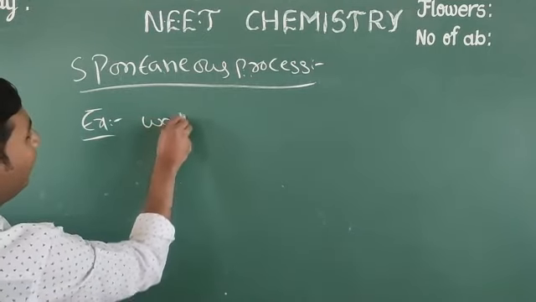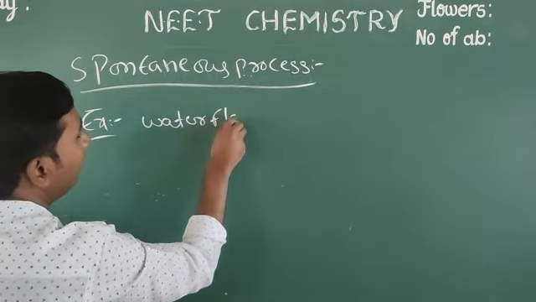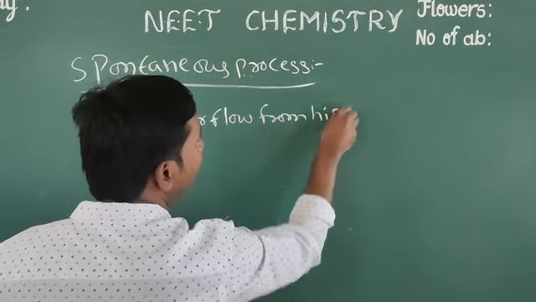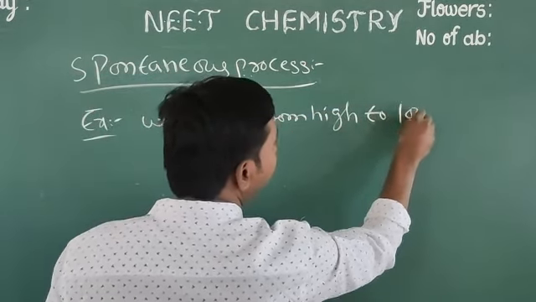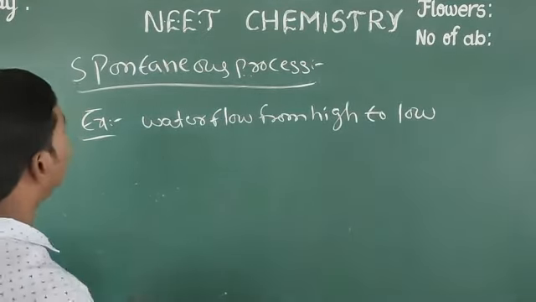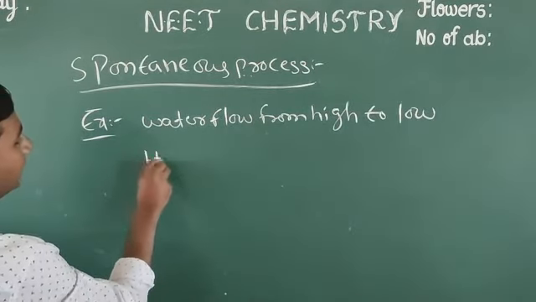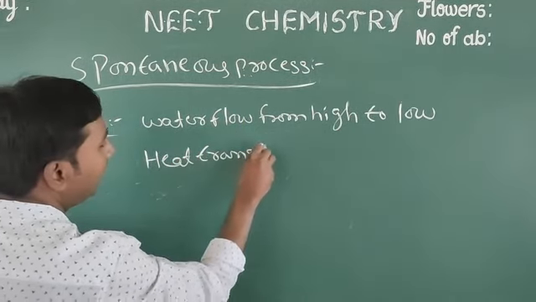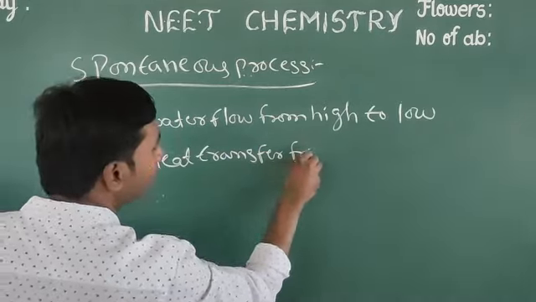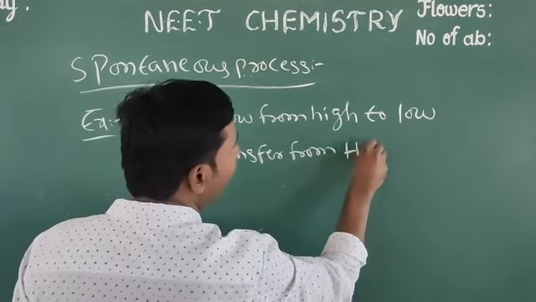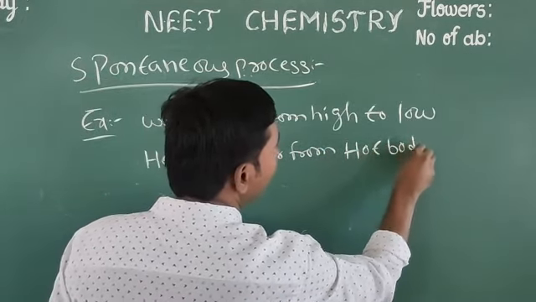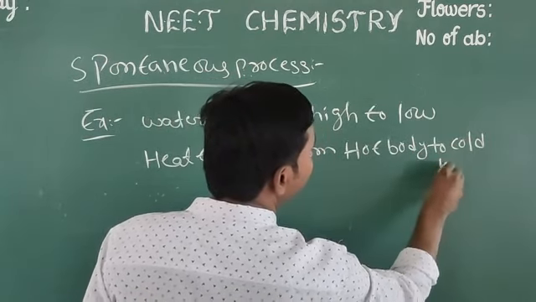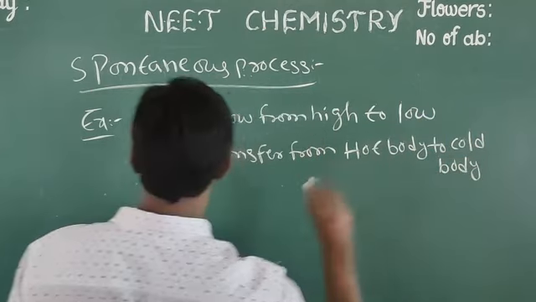Examples: water flows from a high region to a low region, high to low. Second, heat transfers from a hot body to a cold body.